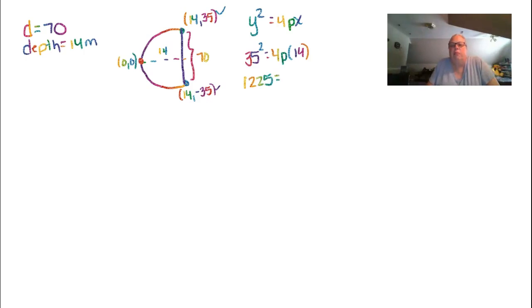And on the other side, 4 times 14 is going to give me 56. And if I'm looking for p, I'm just going to divide that 56 out of there. And p, it turns out, is 21.875.